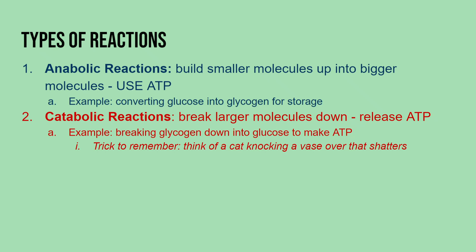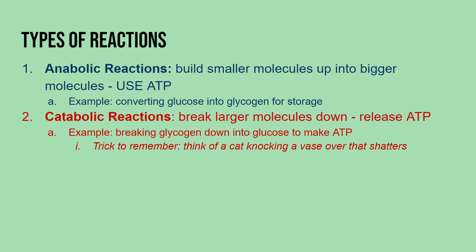The opposite, a catabolic reaction, instead involves breaking larger molecules down, and we release ATP when we do that. Going back to the other example, this would be breaking glycogen, a big molecule, down into glucose. And in this case, we'd release ATP.